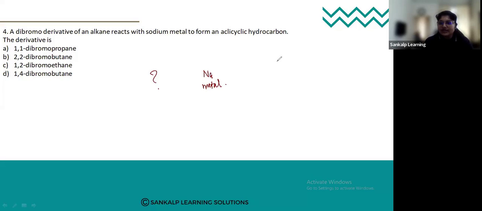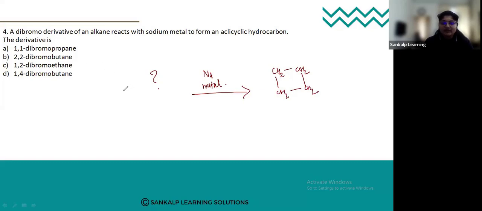Four options are given. If it is reacting with sodium metal and forming an alicyclic hydrocarbon, a cyclic compound, they have asked you to find which alkane that is.